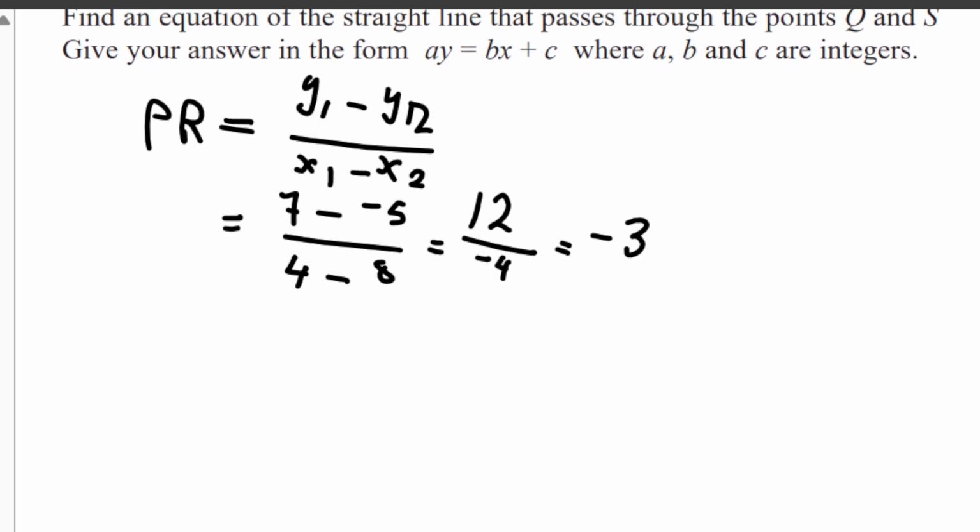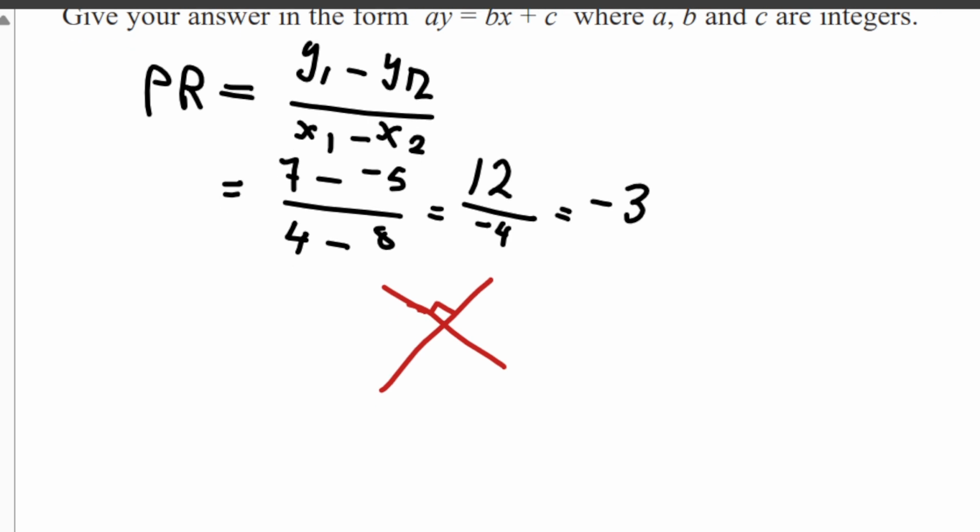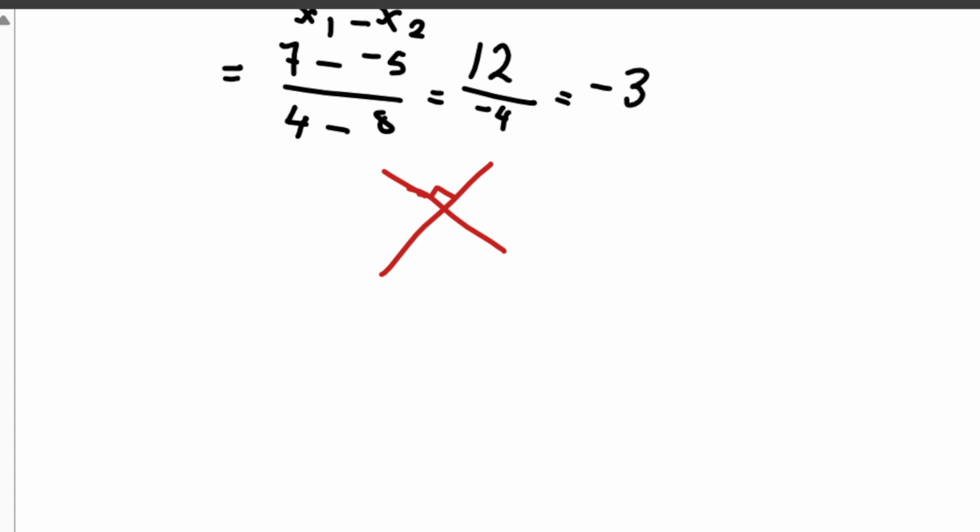Now again, to remind you, these are the diagonals. If the slope of the first one is -3, the slope of the perpendicular is the negative reciprocal.